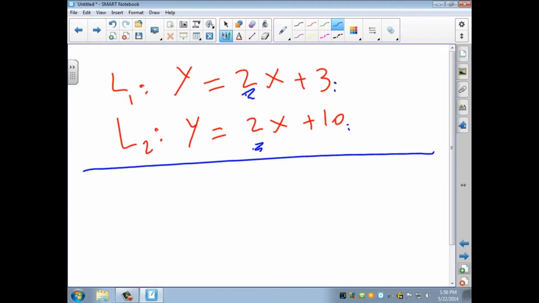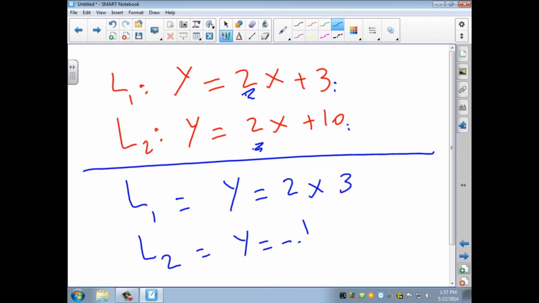However, if you have L1 equal a line y equal 2x plus 3, and L2 is y equal minus 1/2 x plus 5, the intercept doesn't make any difference.